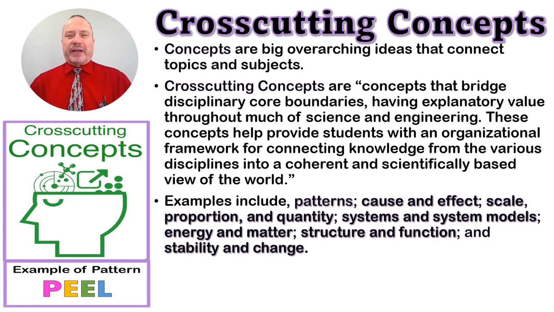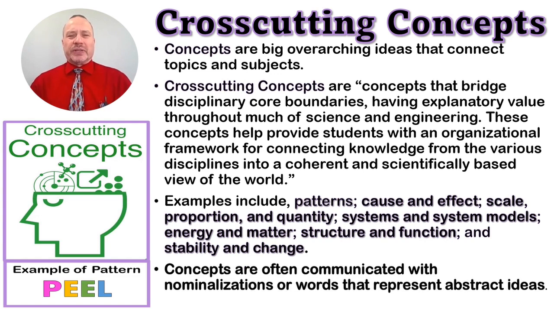Examples include patterns, cause and effect, scale, proportion, and quantity, systems and system models, energy and matter, structure and function, and stability and change. Concepts are often communicated with nominalizations of words that represent abstract ideas.